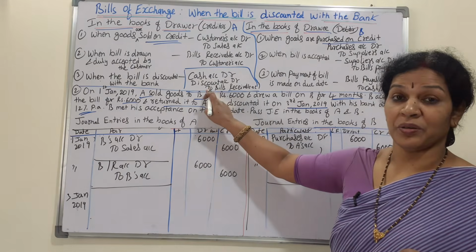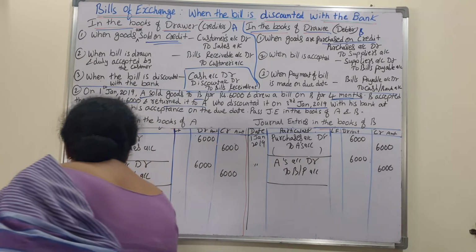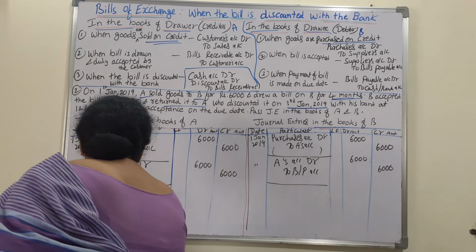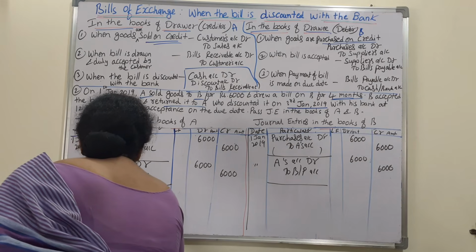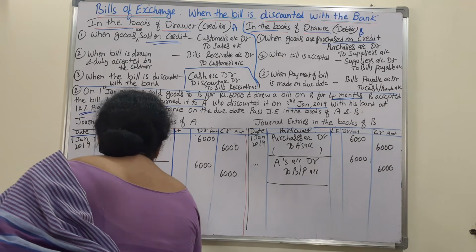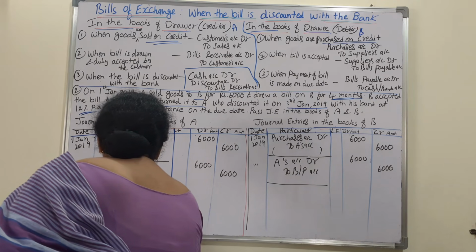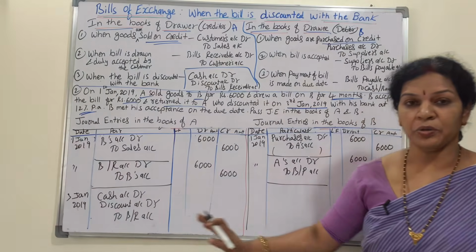This one, cash account debit, discount debit to bills receivable. So that same entry we will write: cash account debit, discount account debit to bills receivable.